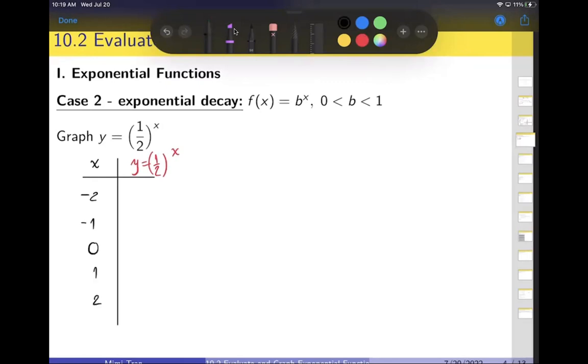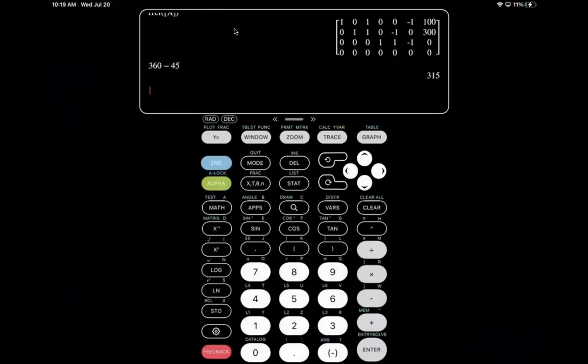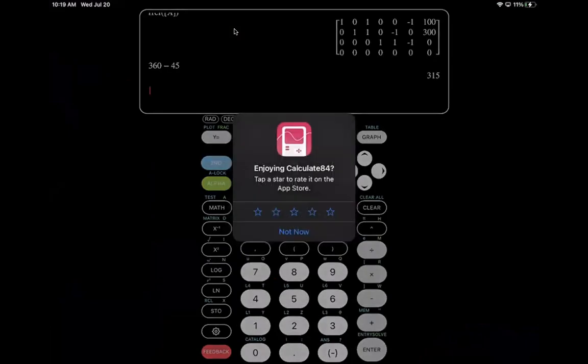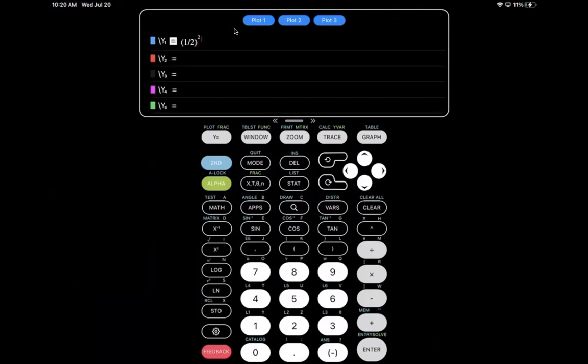I'll use the calculator to do this. So y equals 0.5, or just 1/2, 1 divided by 2, to the second power. To the x, I'm so sorry. Oh, to the x. All right.